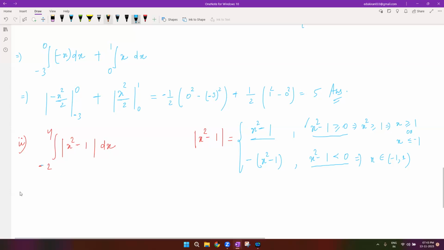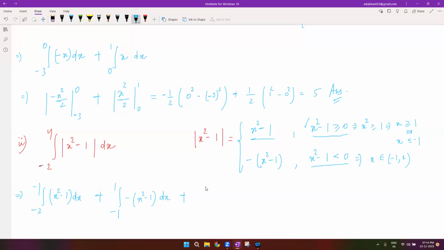How? From minus 2 to minus 1, the function is x square minus 1. From minus 1 to 1, the function is minus times x square minus 1.